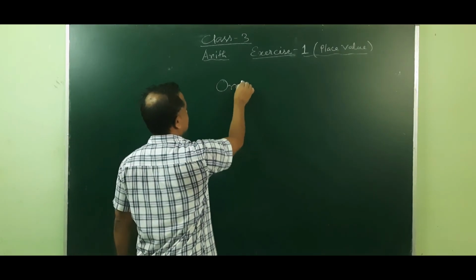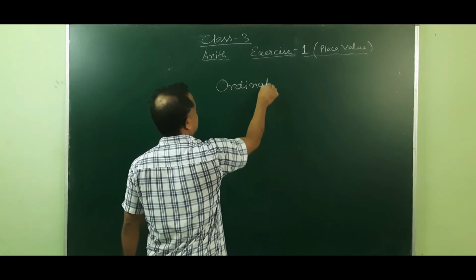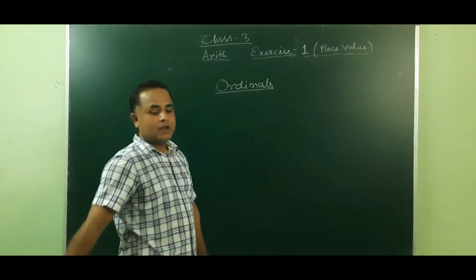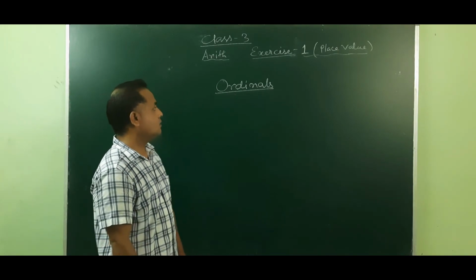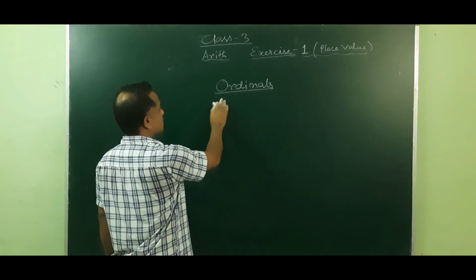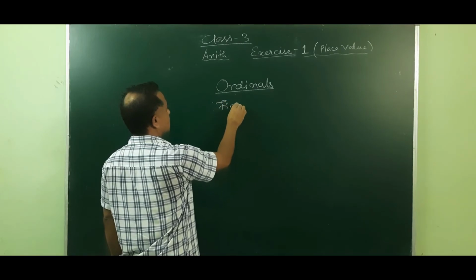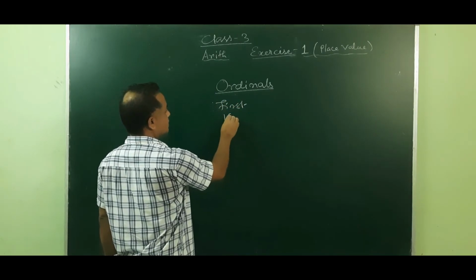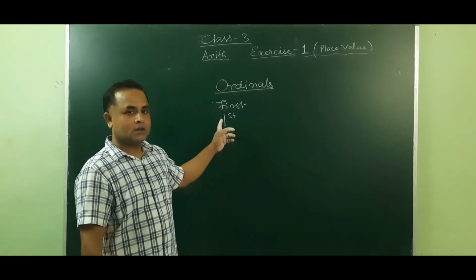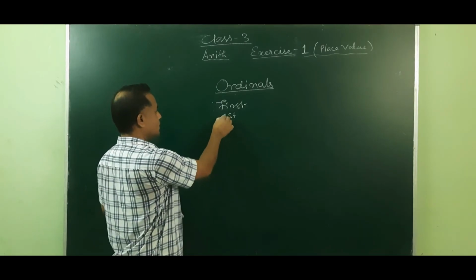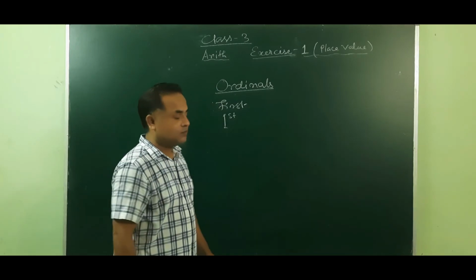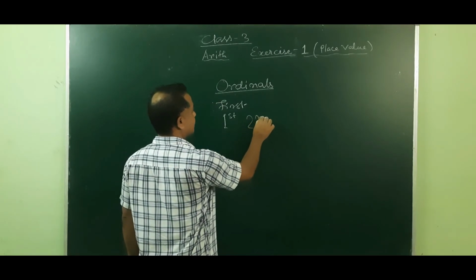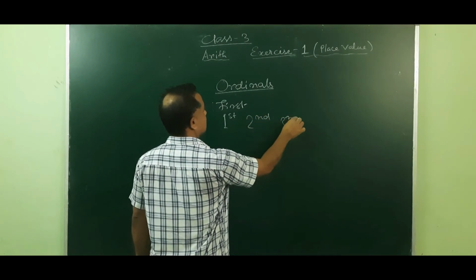Now we will see one type of counting system which is very common to us, that is ordinals. In this ordinal system, how do we count? We count first. You write 1 and small suffix st, first. Then we write second, third.